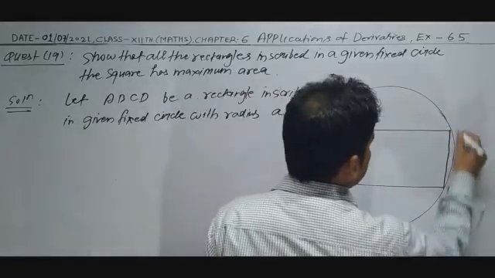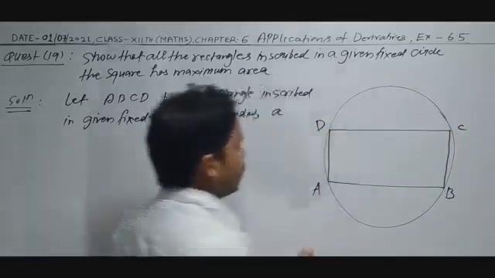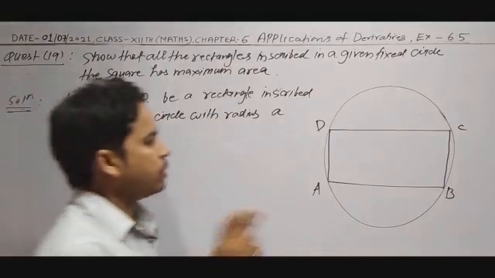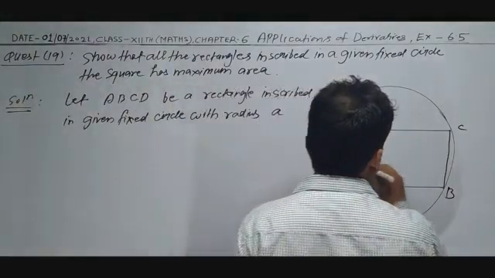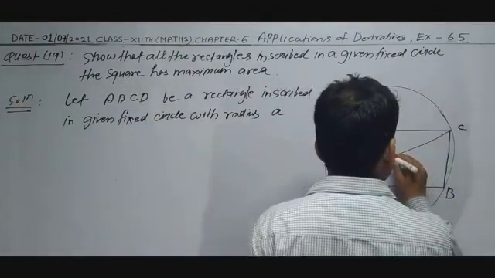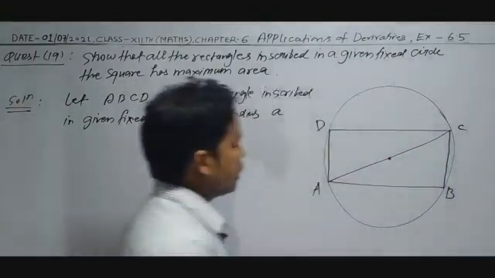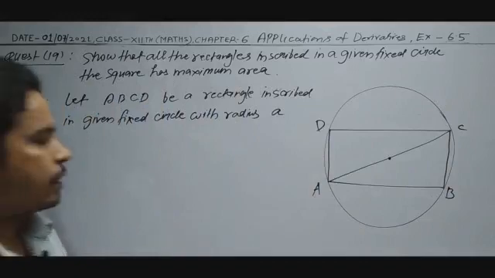A, B, C, D. And you know, angle in a semicircle is always a right angle. So when you join the diagonals, the diagonal passes through the center of the circle, and the center of the circle bisects the diameter.